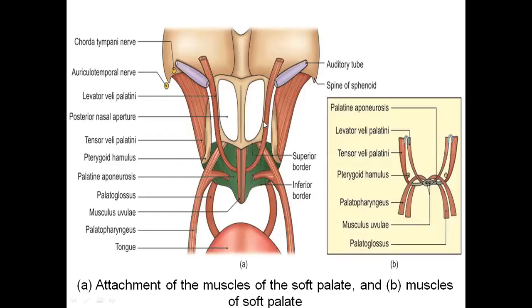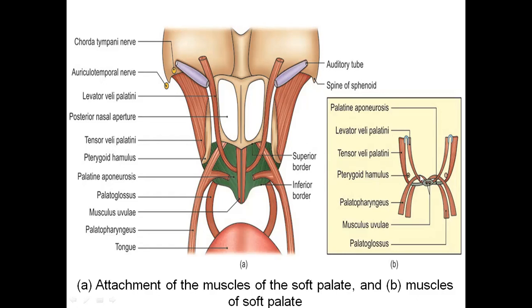Now you can see the palatine muscles here. What are the muscles we are finding? Levator veli palatini, we are able to see. This is the tensor veli palatini, and this is the musculus uvulae, and this green area is the palatine aponeurosis. This is the palatopharyngeus muscle.